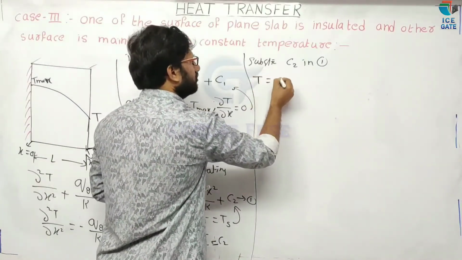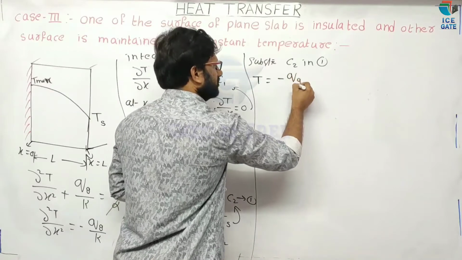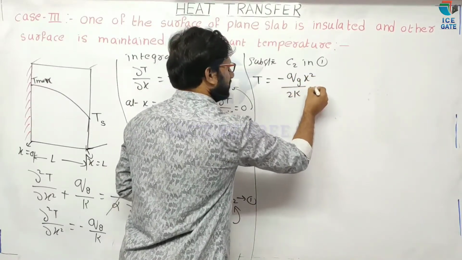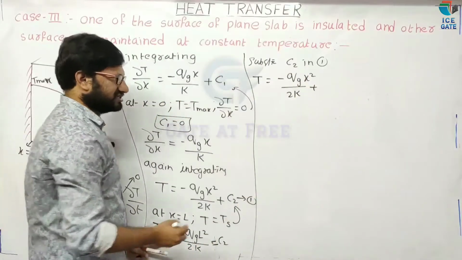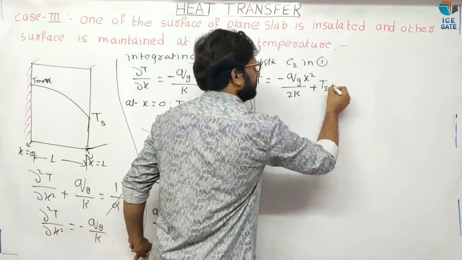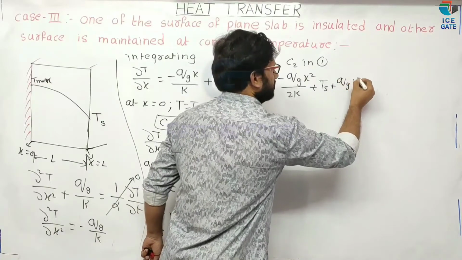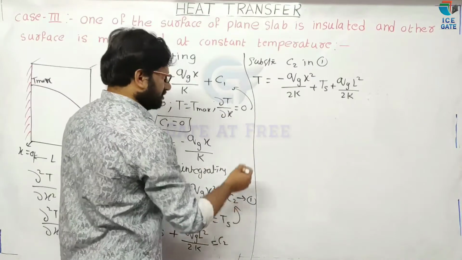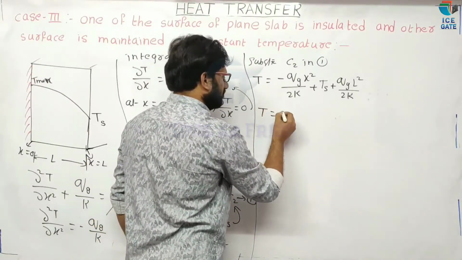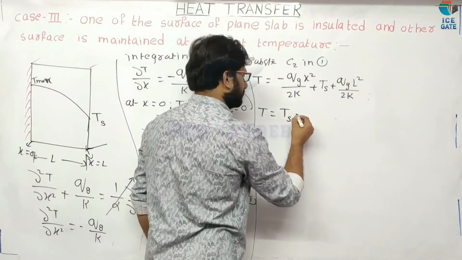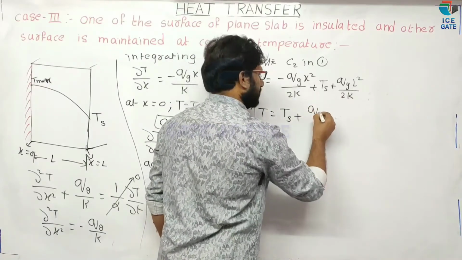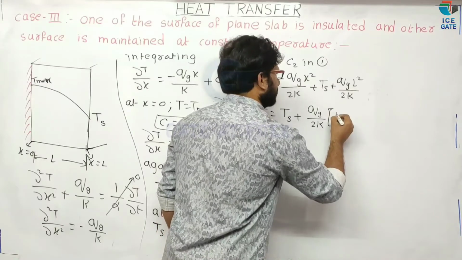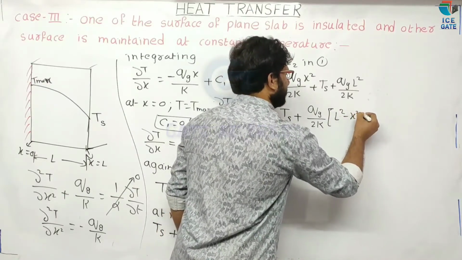Therefore, T equal to Ts plus, taking qg/2k common, (L² minus x²).